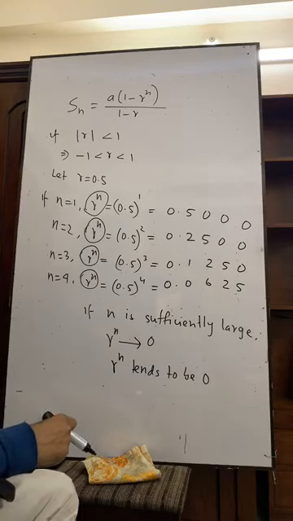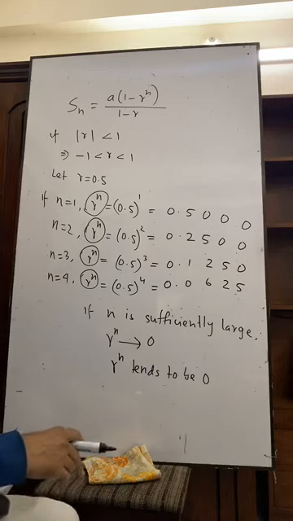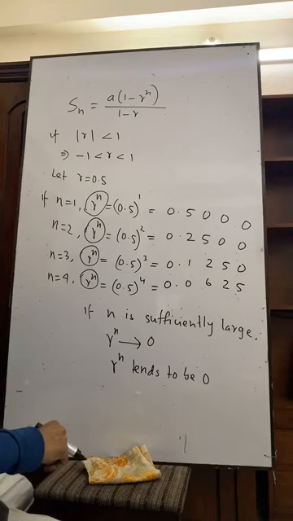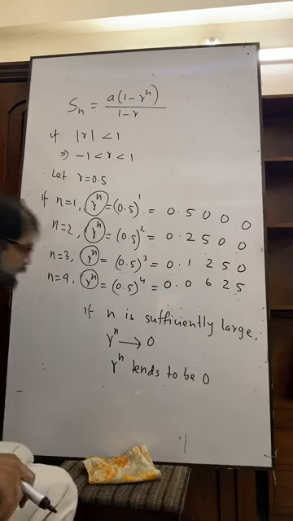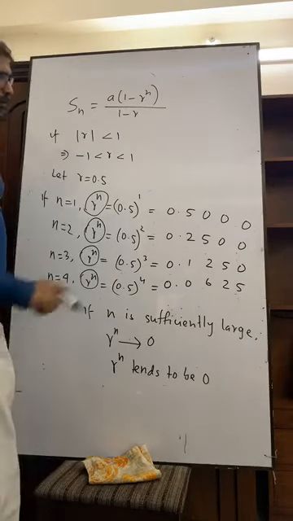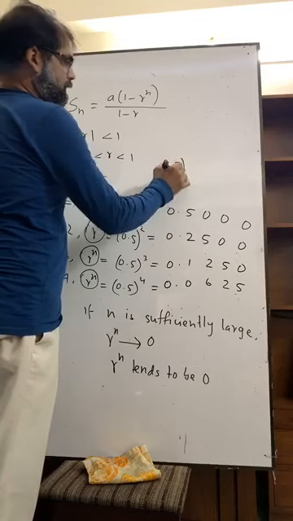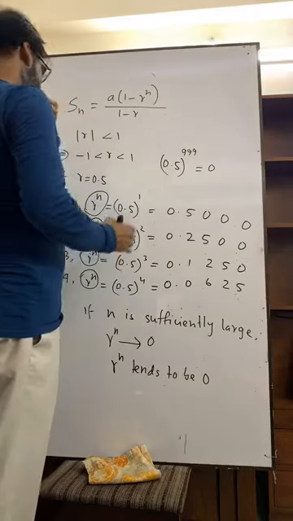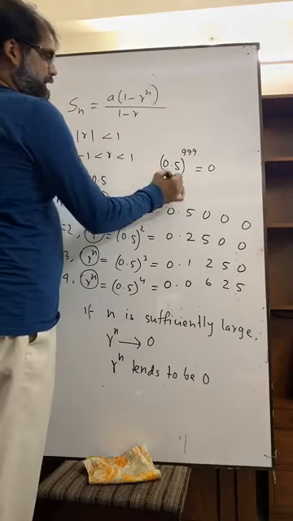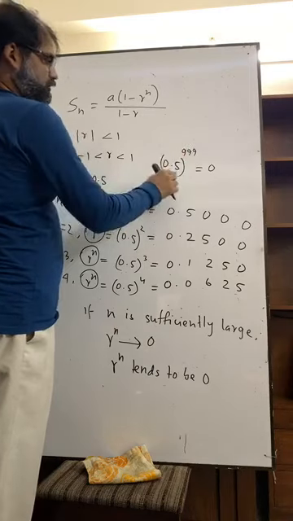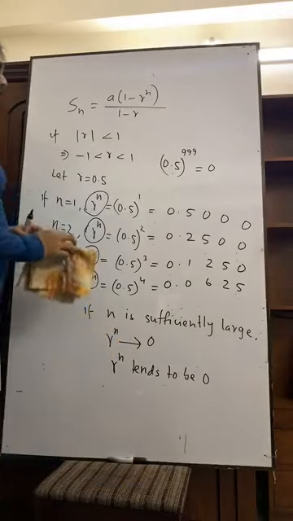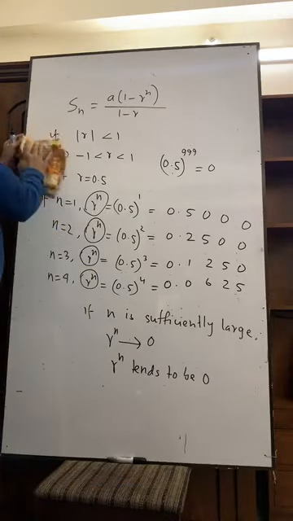Okay? If you have any question regarding this, please ask. In your calculator, what I showed, 0.5 whole to the power 999 equals 0. This is r and this is n. r to the power n equals 0. Now I am going back to where I was at first.